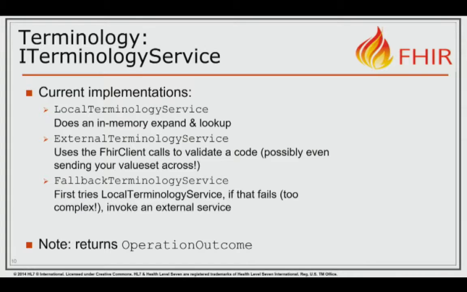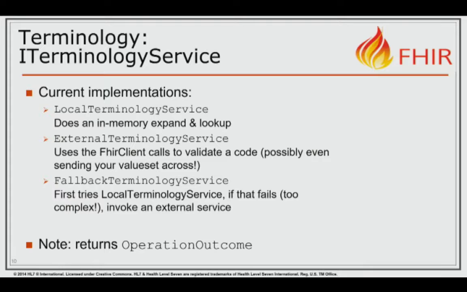Of course, if you have a decent, real terminology service, you'd like the validator to maybe use the local terminology service, but if that fails or the value set is too complex, you want to go out to your production terminology service and call that using the FHIR interface and validate codes against value sets and so on. And there's an implementation called fallback terminology service, and you could almost guess what it does.